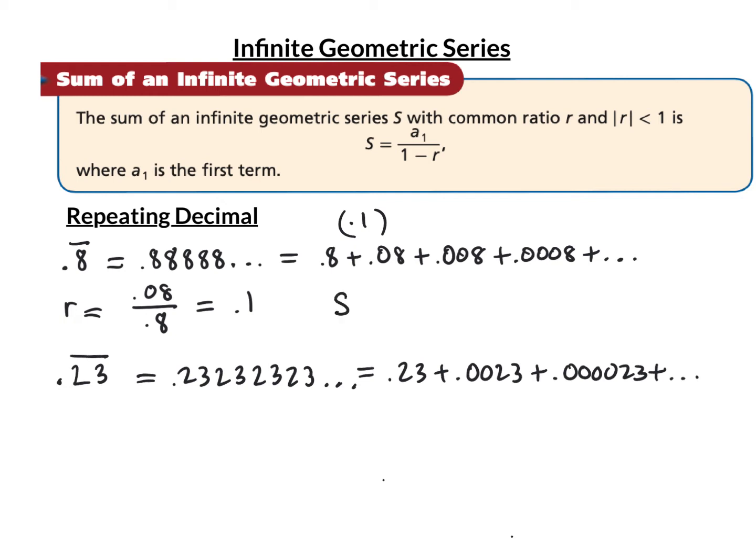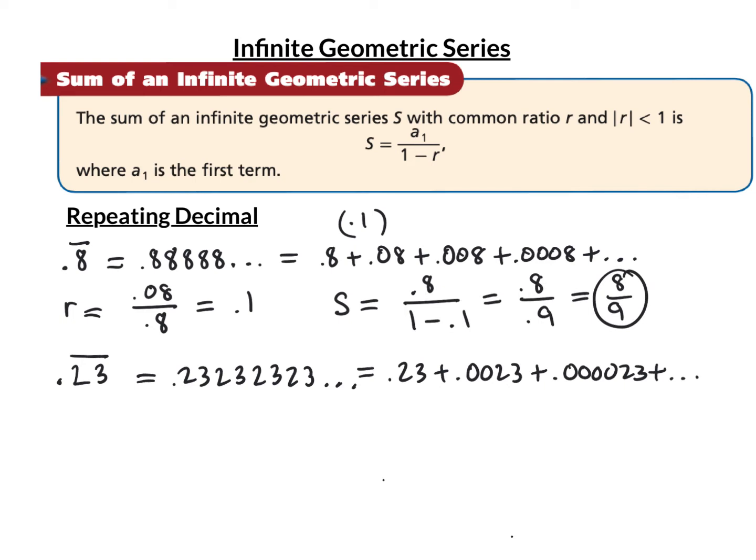To find that number, we'll find s, the sum of this geometric series, by taking the first term, 0.8, and dividing by 1 minus the common ratio, which is 0.1. This is 0.8 divided by 0.9, and that would end up being 8/9.